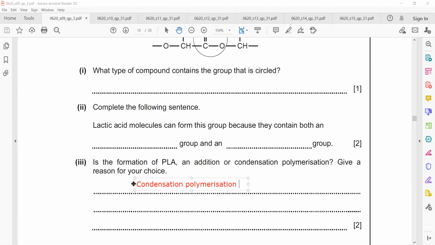and the reason for that, the monomer does not contain a carbon double bond with carbon.